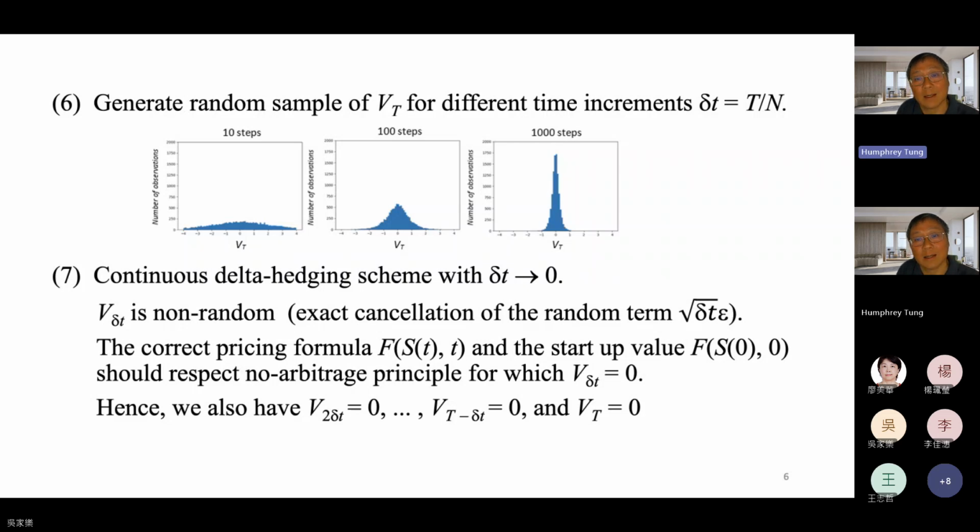So if you have the time increment go to differential time, looking tick by tick, differential time by differential time at the underlying asset price, and delta hedging according to differential time, the profit and loss of the seller will be zero in the middle.